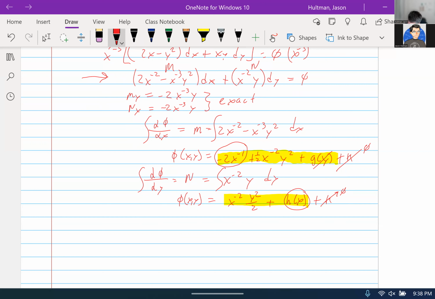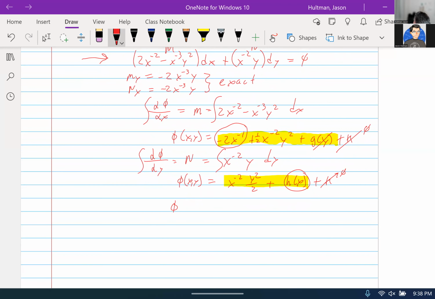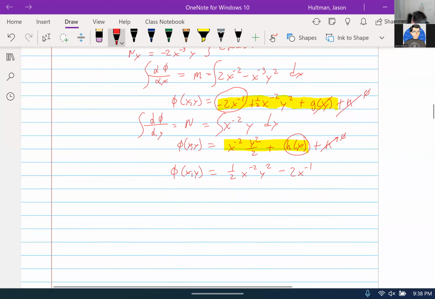Notice that they have a term in common, this x to the negative 2 y squared over 2 term, that is the same term. That's kind of cool. So the potential function phi of x, y is equal to 1/2 x to the negative 2 y squared minus 2x to the first power. That was my potential function.